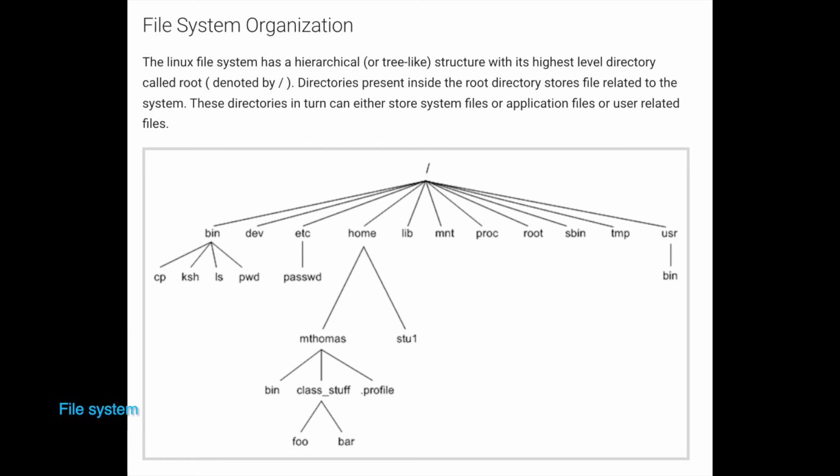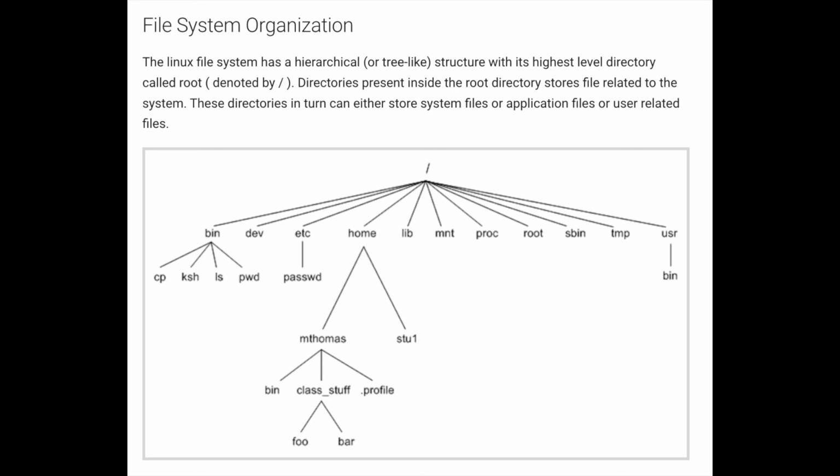So let's get started with the file system. The Linux file system has a hierarchical structure like a tree, where the root is the root directory, which is represented as slash, and underneath it there are certain directories, each with a specific purpose.